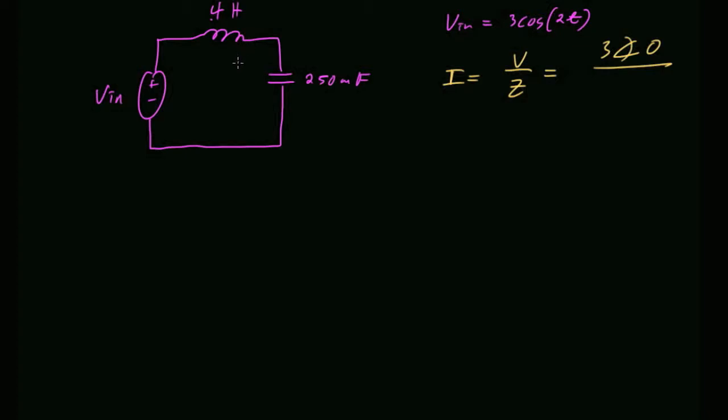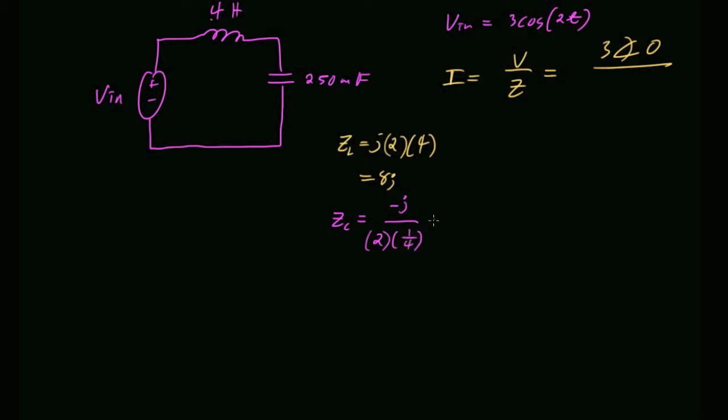Okay, what's my impedance? Now it gets interesting. It's an inductor and a capacitor in series. So what am I doing to their impedances? Adding them. What's the impedance of the inductor? j omega. What's omega? 2 times 4, so that's 8j. The impedance of the cap is minus j over omega times a quarter, 0.25.